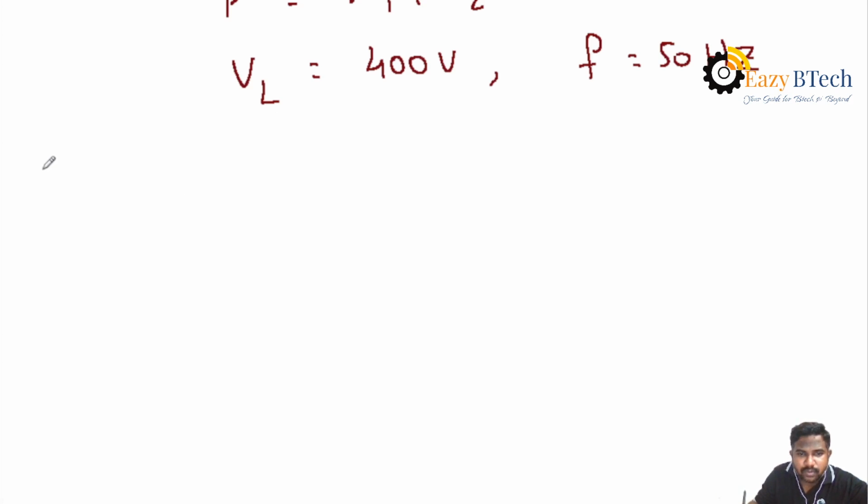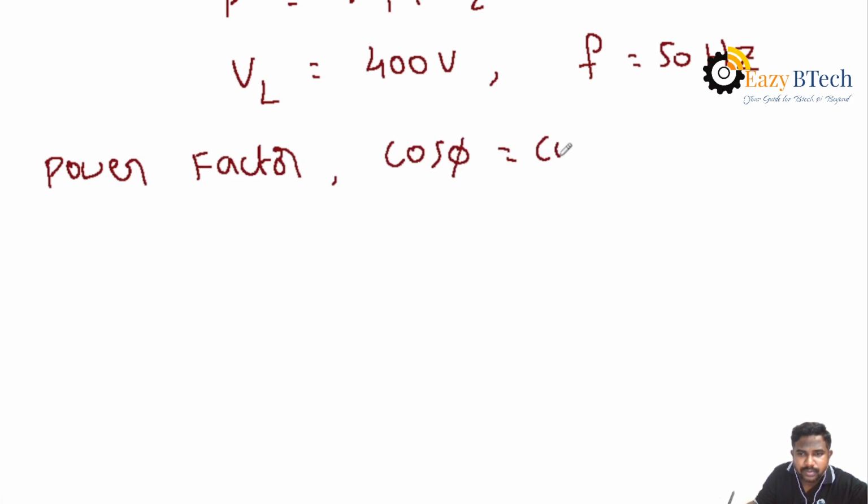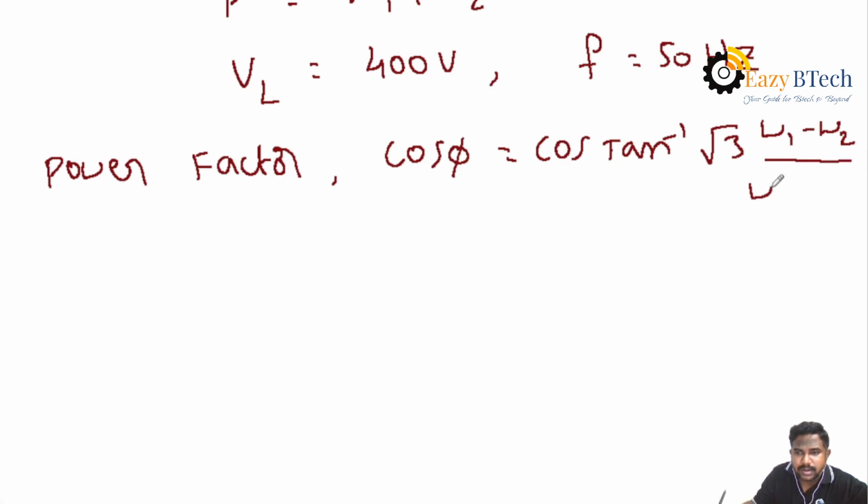Therefore, power factor cos phi equals cos of tan inverse of root 3 into (W1 minus W2) by (W1 plus W2).